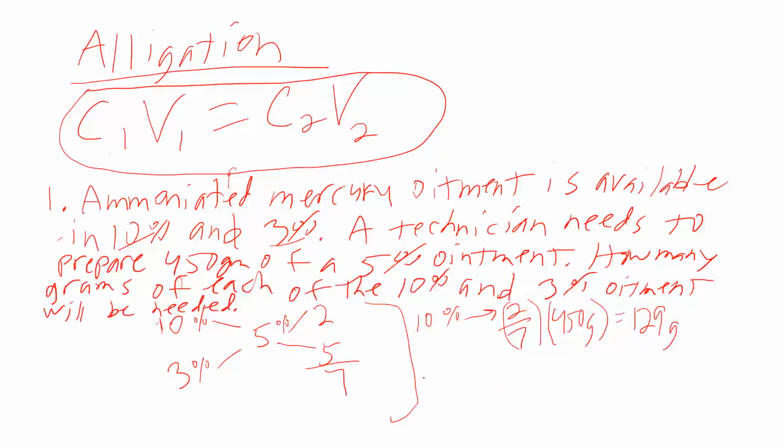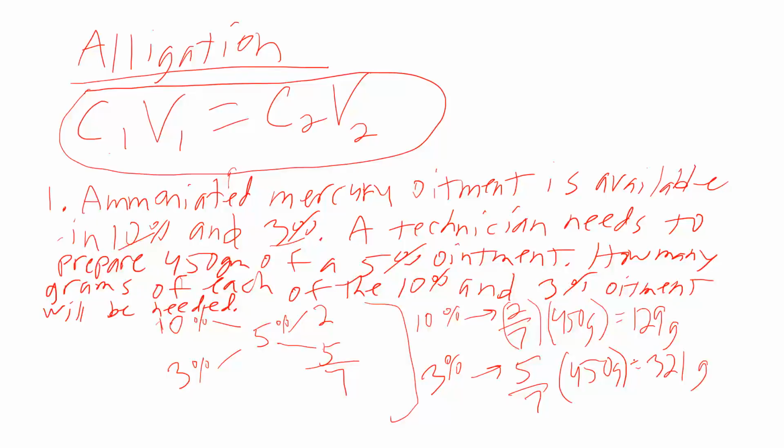And then the 3%, it would be 5 because there's 5 parts of 3%. So it's 5 over the total times 450, and that's 321 grams.